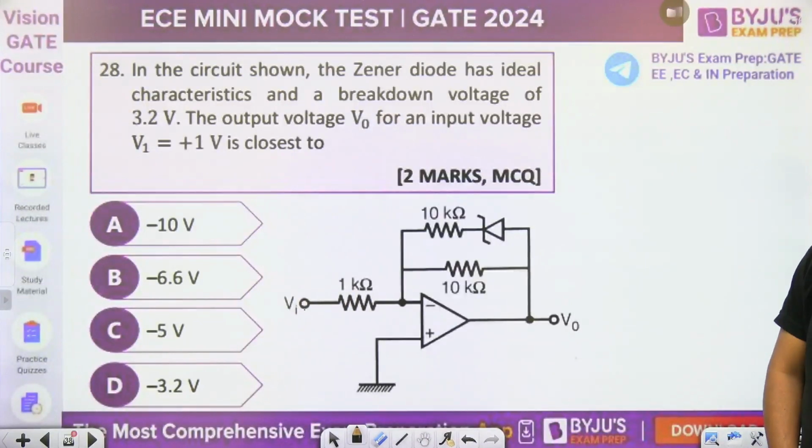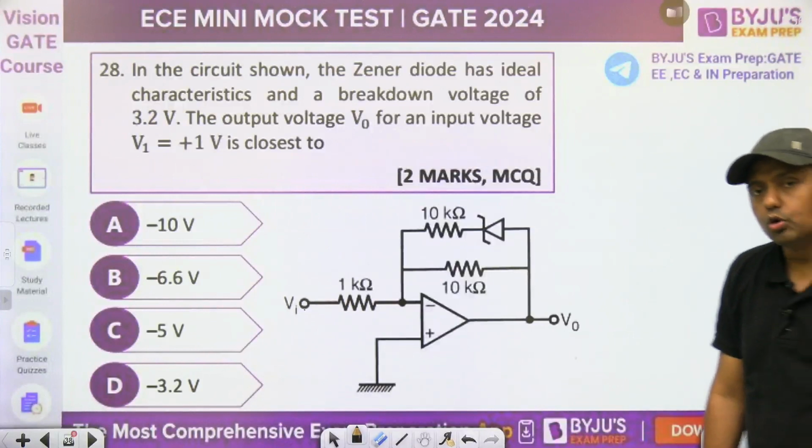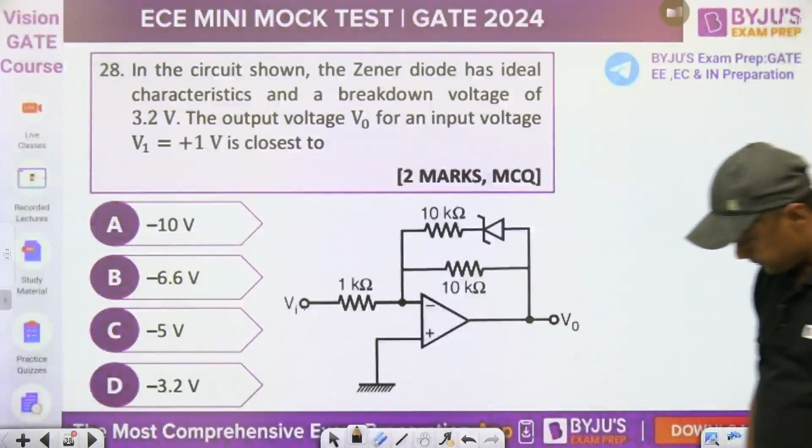Now what is the correct answer? Minus 10 volt, minus 6.6 volt, minus 5 volt, minus 3.2 volt. Tell me.